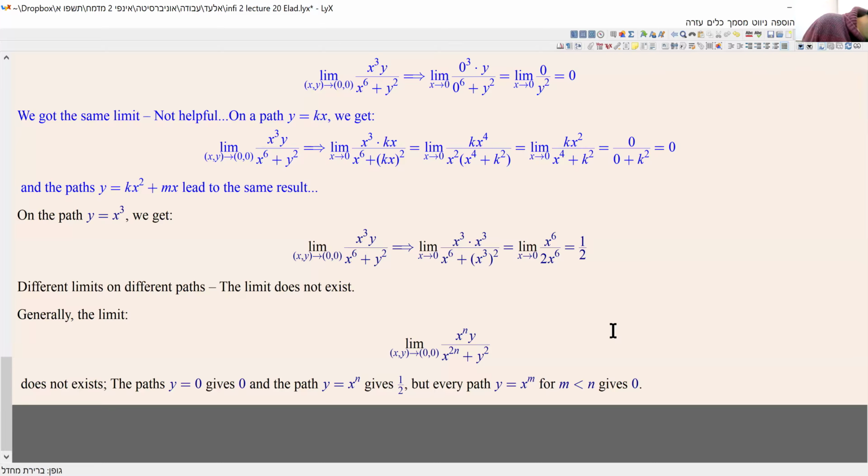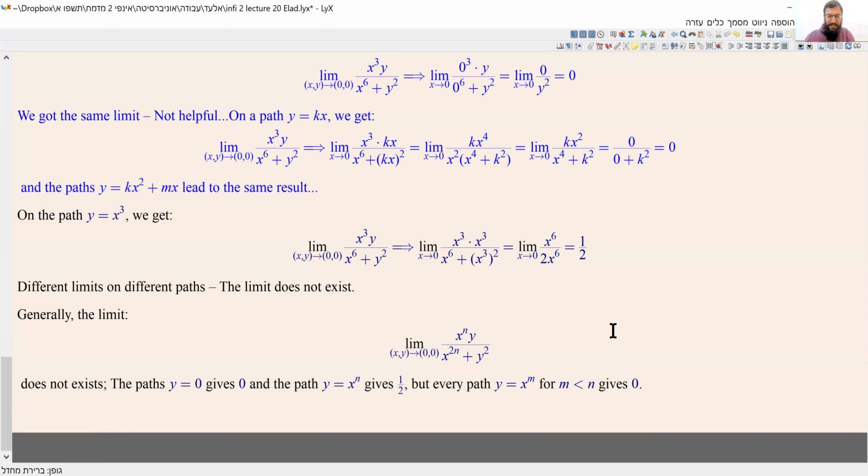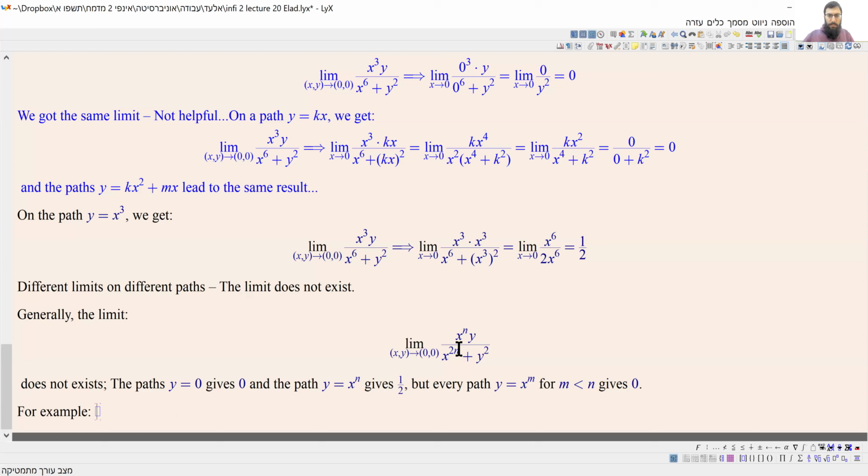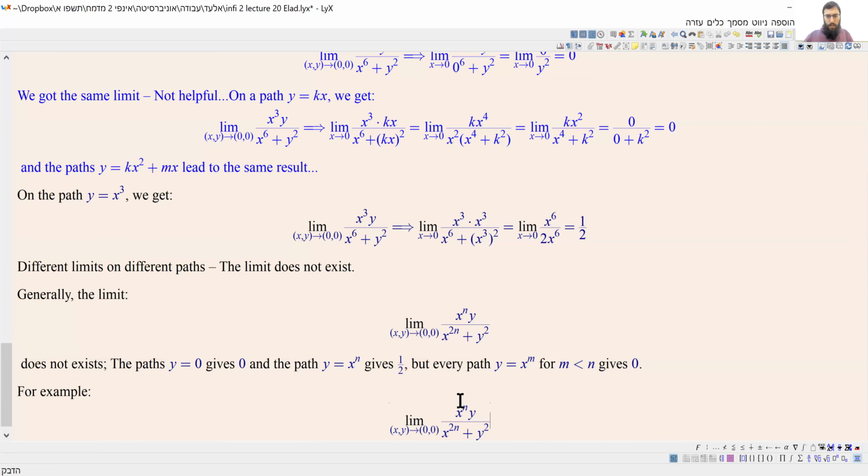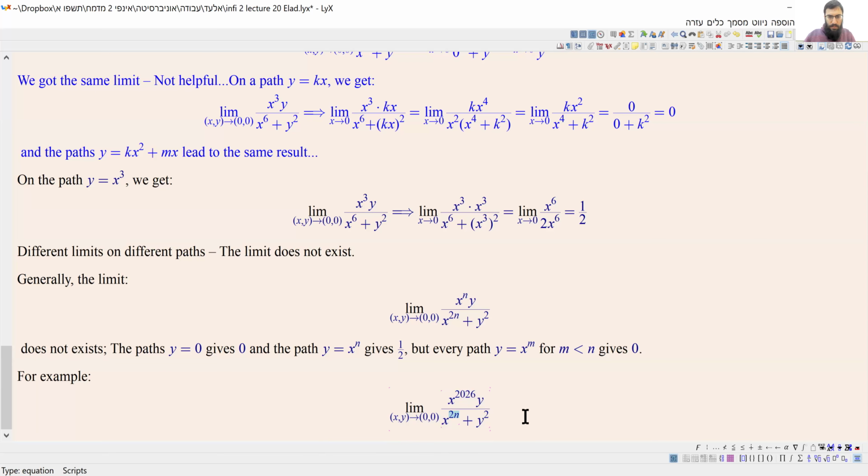So here's an example. For example, the limit of x to the power of 2026 above y to the power of 2026 plus... How do we disprove it?